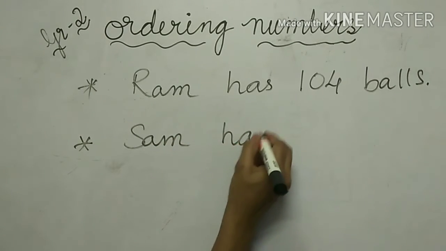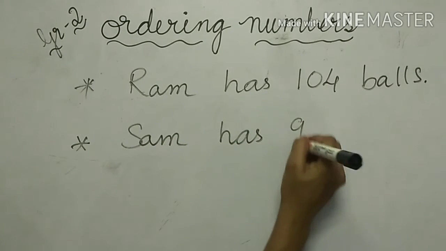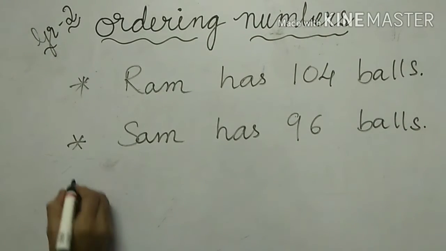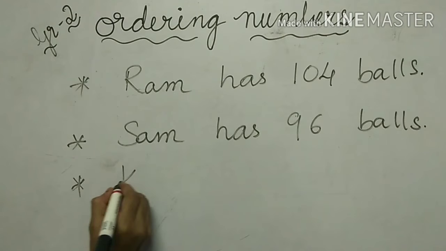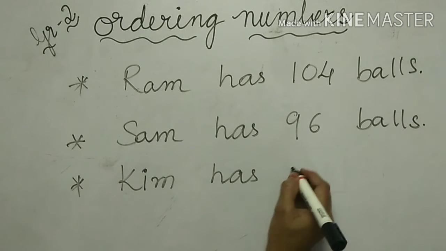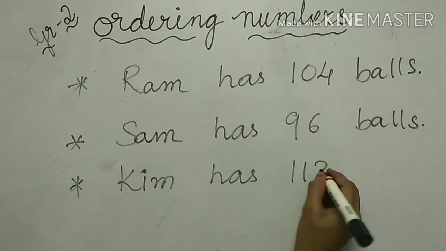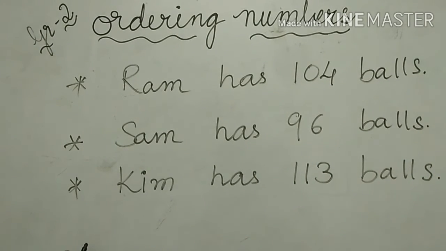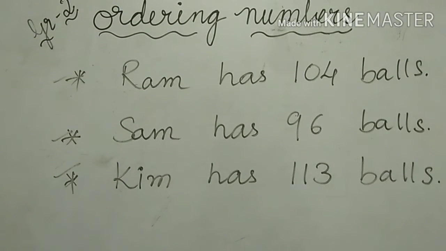Sam has 96 balls. Kim has 113 balls. So these are 3 statements.